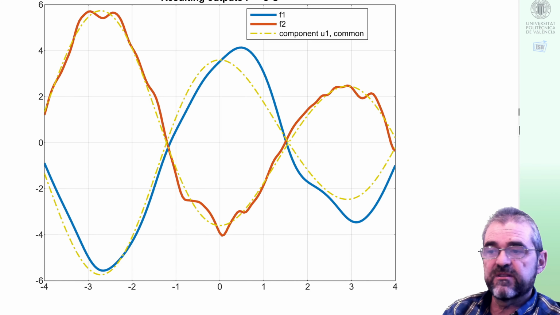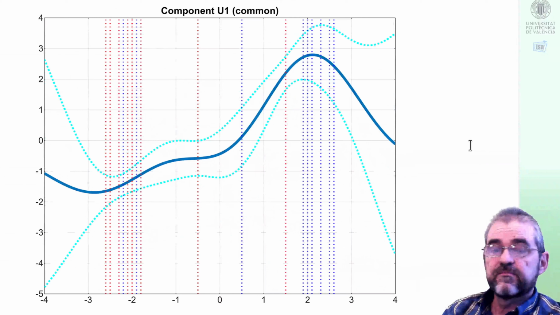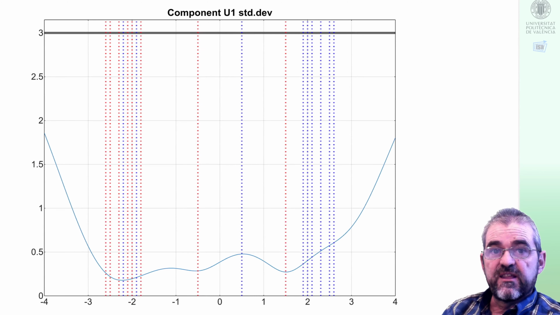But in my particular sample set, the estimate of the common component is this one, and if we inspect only the standard deviation, we see that our prior standard deviation was 3, but in the region in which we have information, we have a much more precise posterior estimation of my component.